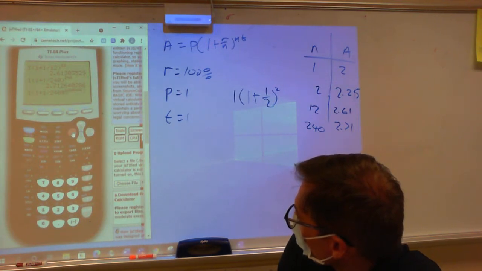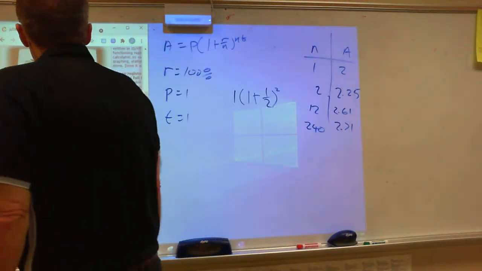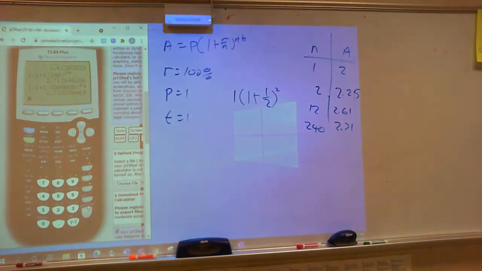And then go back over here, and 1, 2, 3, 4, 5, 6. Press enter, and I don't think we're going to hit $3, are we? We're at $2.71, $2.71.